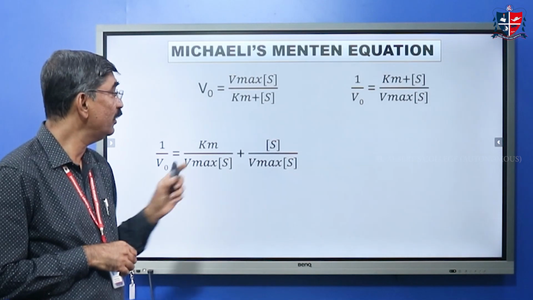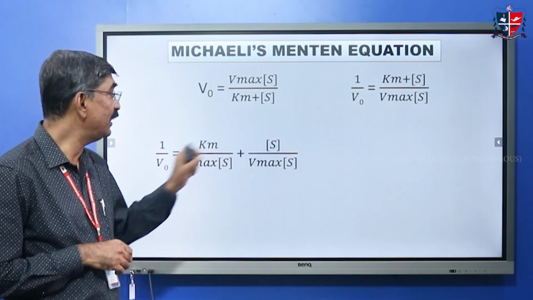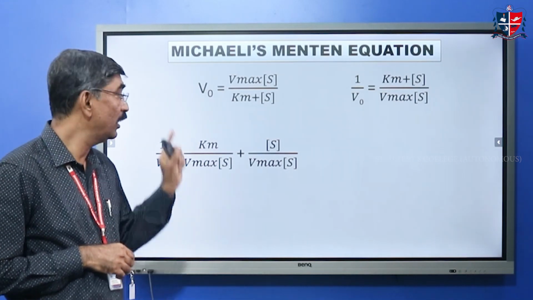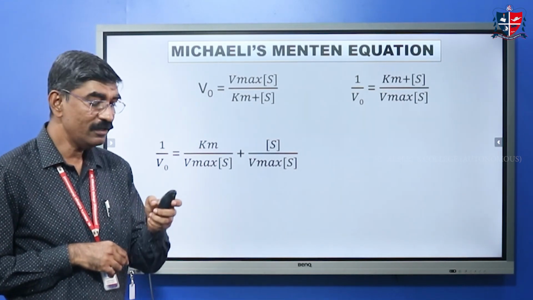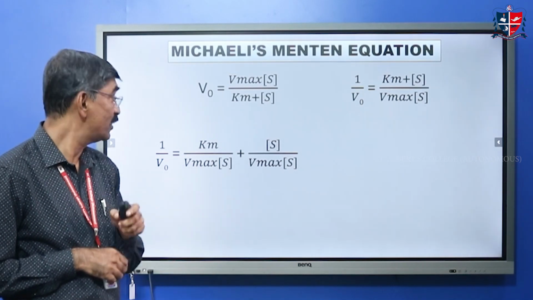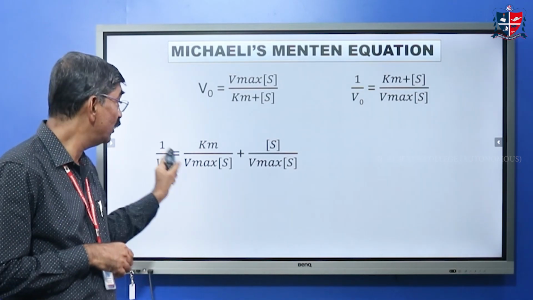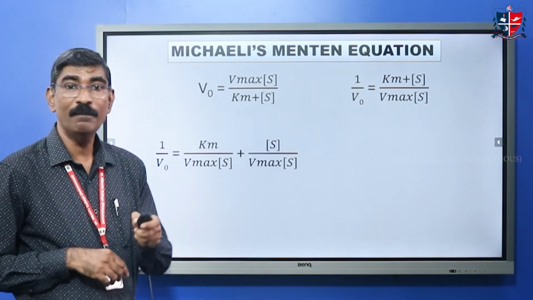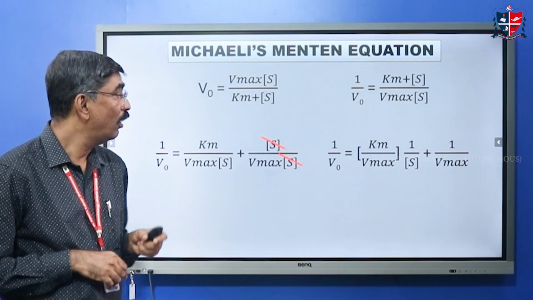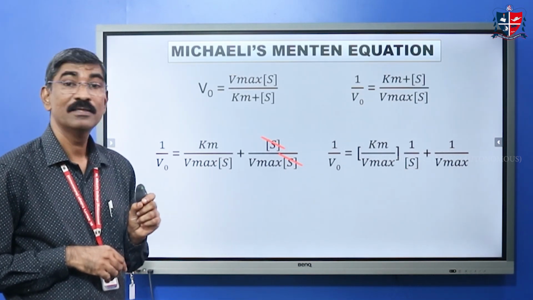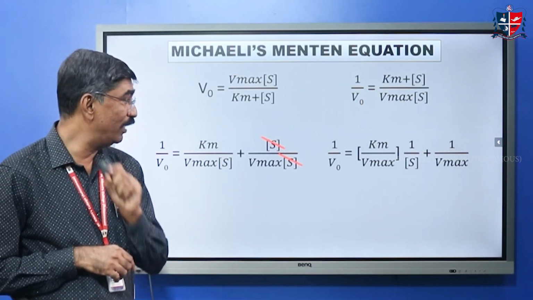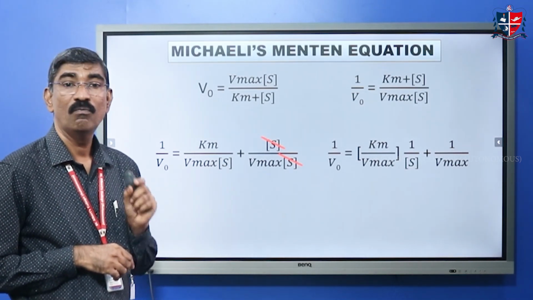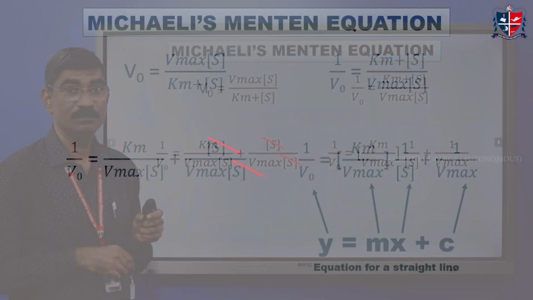Now, if you see the right hand side, the substrate concentration in numerator and denominator will cancel each other, and I am going to split the first half of the right hand side also. Then this equation will become 1 upon V0 equals Km upon Vmax times 1 upon substrate concentration plus 1 upon Vmax.